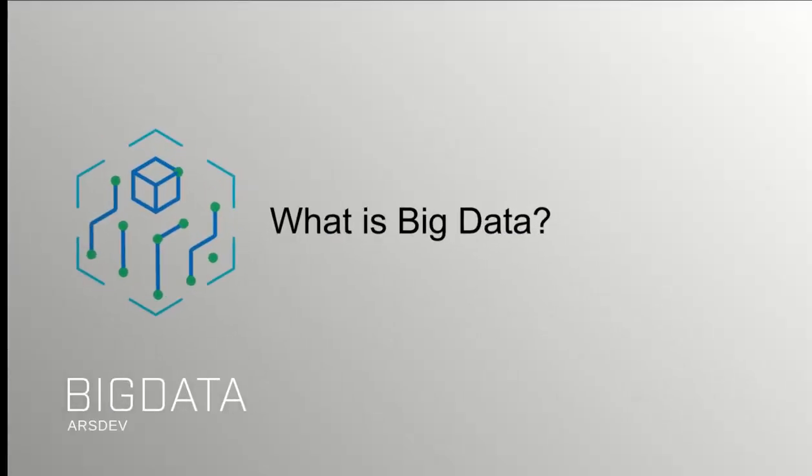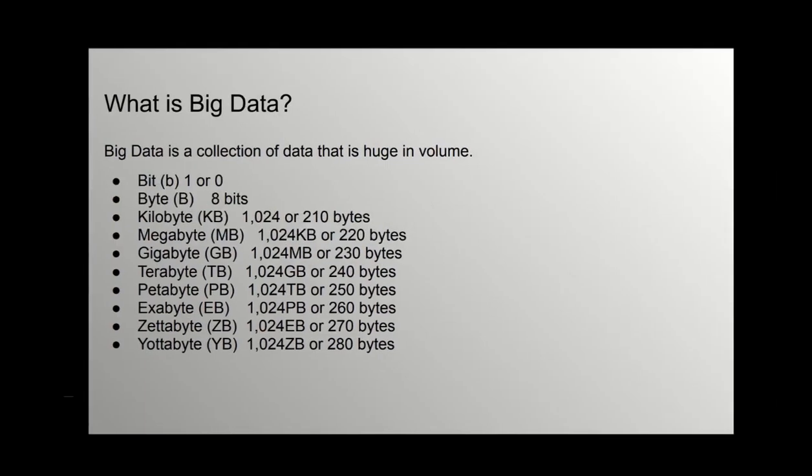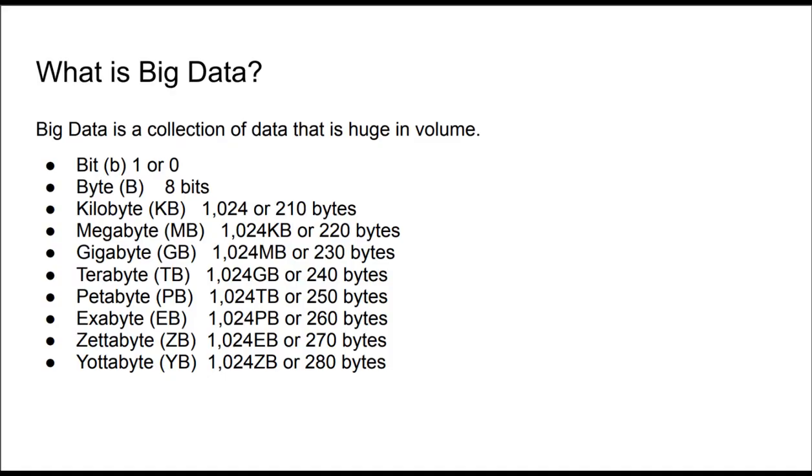What is big data? By definition, big data is a collection of data that is huge in volume. Bit 1 or 0, byte 8 bits, kilobyte, megabyte, gigabyte, terabyte, petabyte, exabyte, zettabyte, yottabyte. These are all categories of big data.